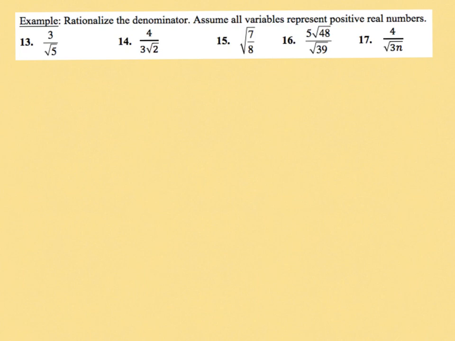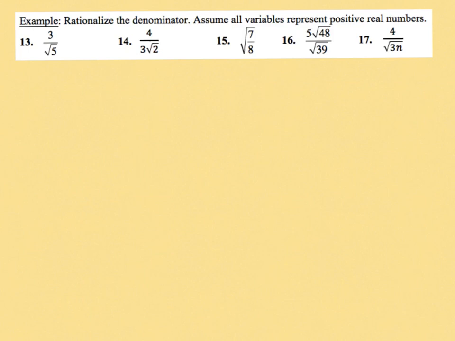Now you will have the chance to practice rationalizing the denominator. You shall assume that all variables represent positive real numbers. In example 13, we have 3 over square root of 5. The denominator is irrational, so you will have to rationalize it by multiplying. And you can do so by multiplying another square root to it, such that it turns into a rational number.